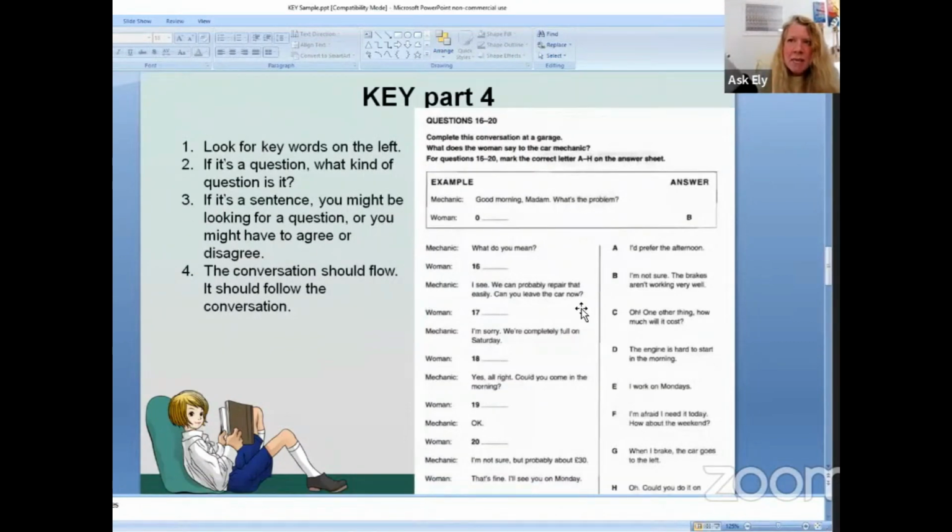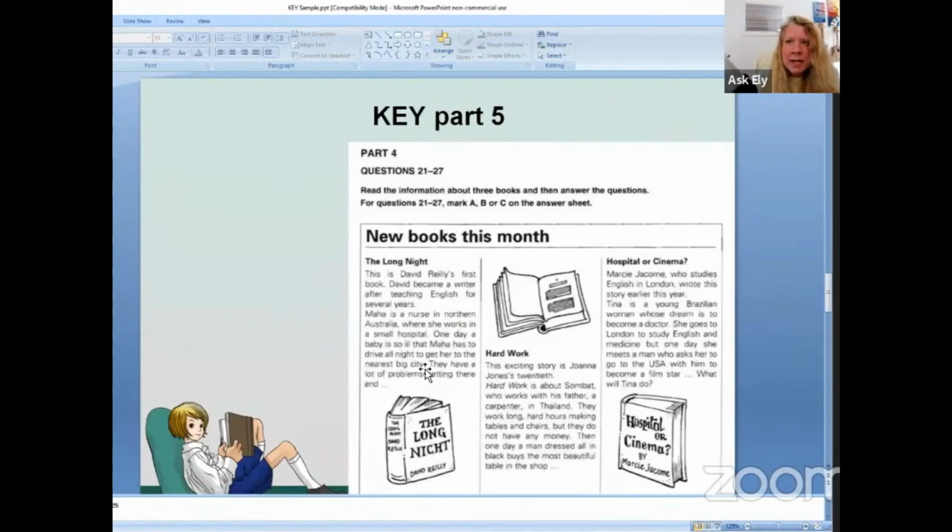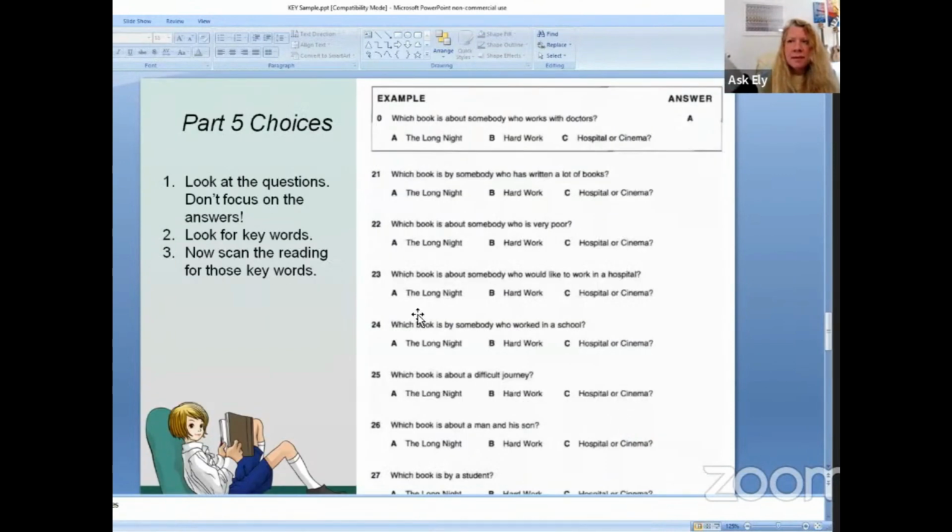So if this person's already at the hospital, working at the hospital, and this one is studying medicine, well, if you're studying medicine, you would like to work, right, in a hospital. Yeah, you would like to. So if you would like to work in a hospital, it would be hospital or cinema.